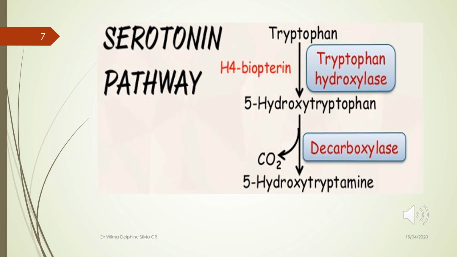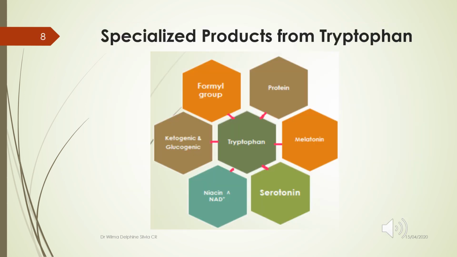5-hydroxytryptophan undergoes decarboxylation in the next step, so that it is converted to 5-hydroxytryptamine, which is nothing but serotonin. Let us discuss the specialized products which are obtained from tryptophan. Like any other amino acid, tryptophan is also used for protein synthesis.